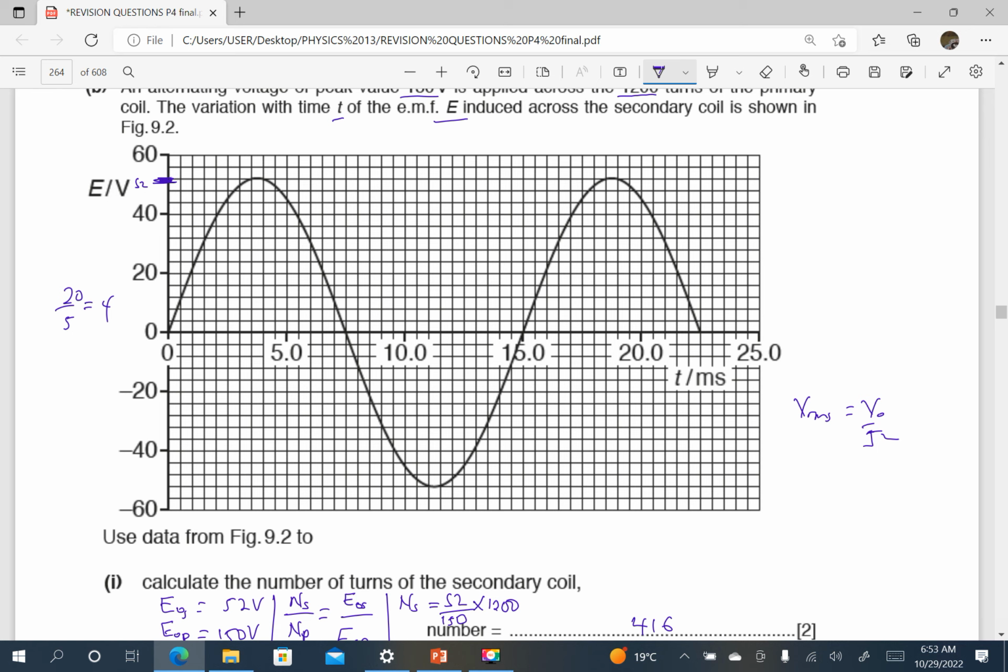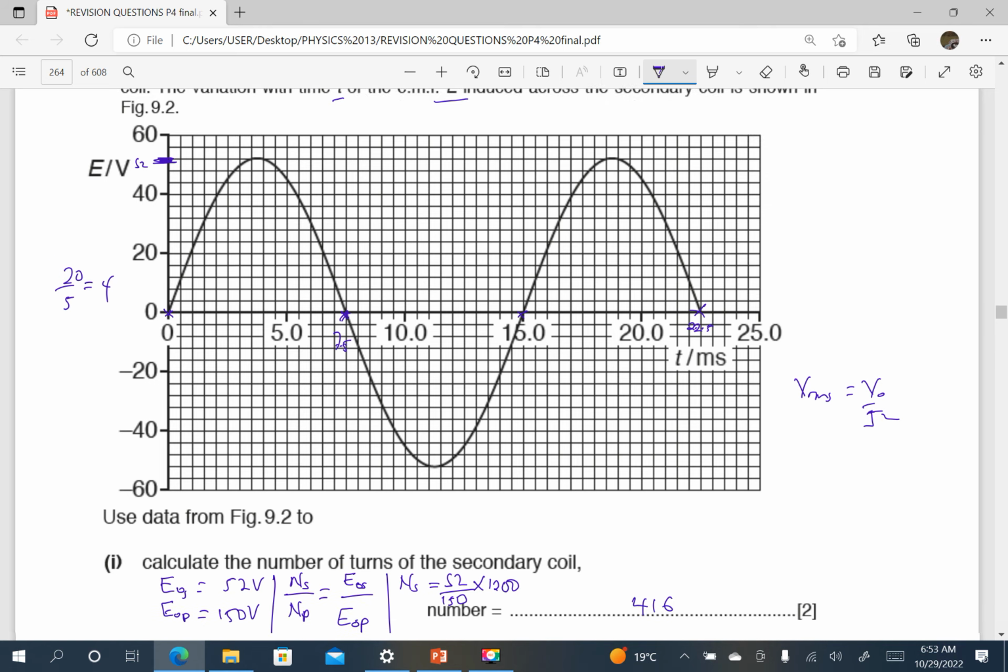So on the graph, EMF is zero at t equals zero. EMF is zero at this point here, which is I think 7.5. EMF is zero at 15 milliseconds. So we have three values. EMF is also zero at this point here, which is 22.5.